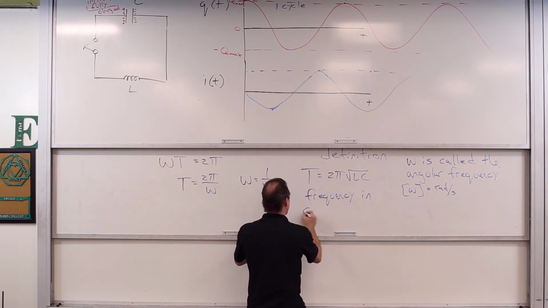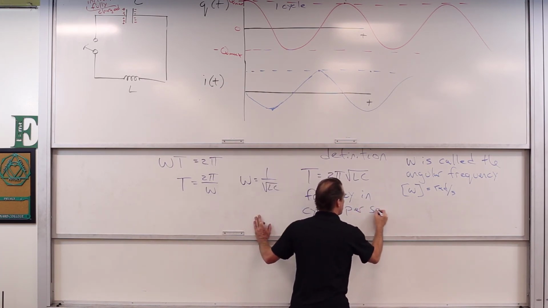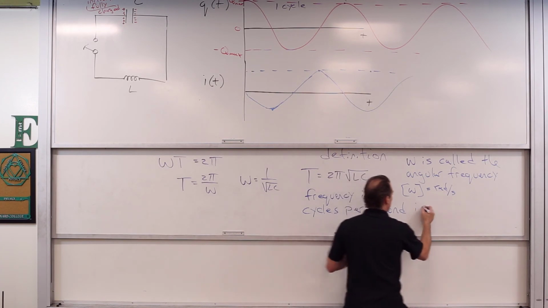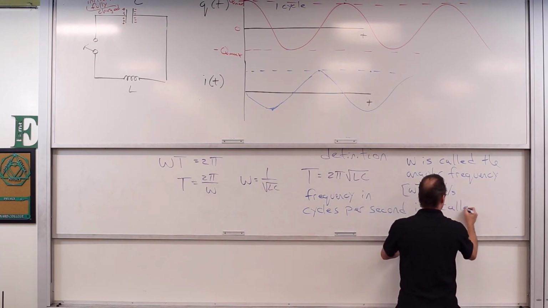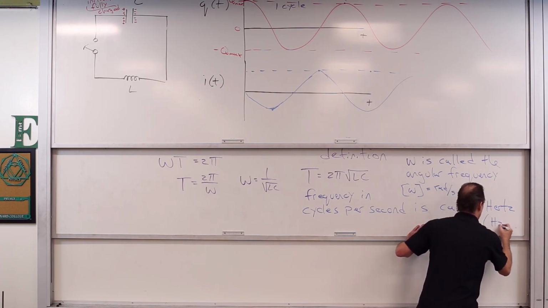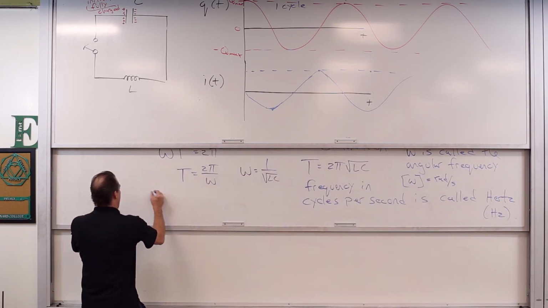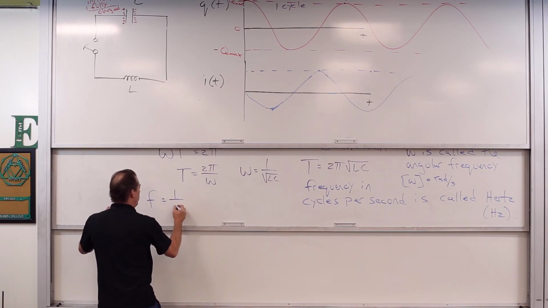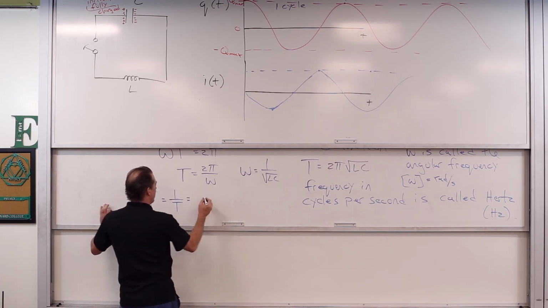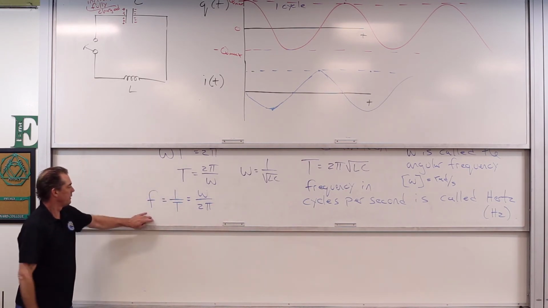Frequency in cycles per second is called hertz, Hz, and we have that f is equal to 1 divided by T, which is omega over 2 pi. And this is in general.